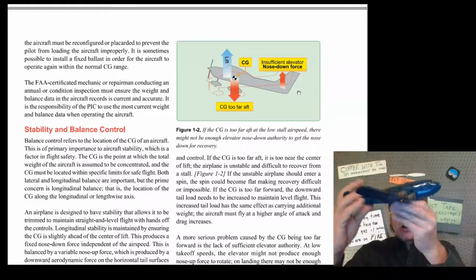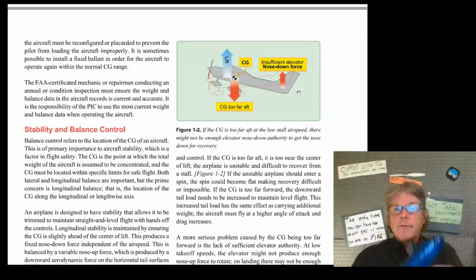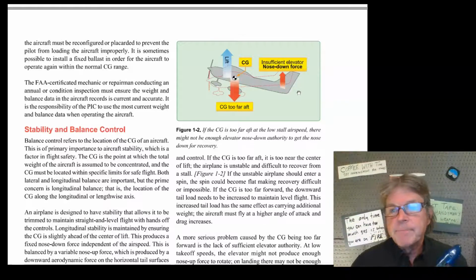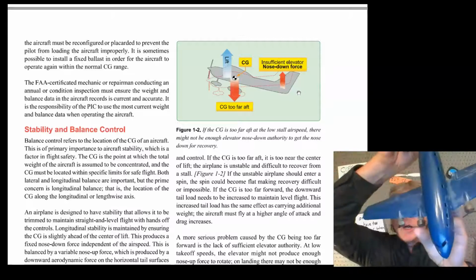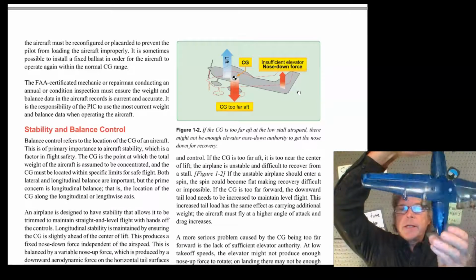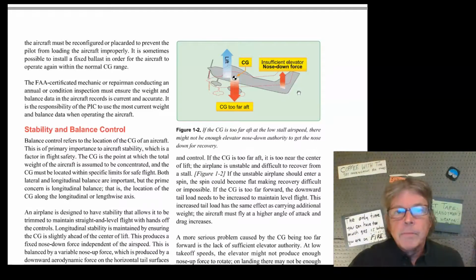A stall is where the airplane stalls, and it's not hardly flyable, and it falls to the ground pretty fast. If we have enough altitude, we can recover. Sometimes a stall will put us into a spin, and that is a very deadly maneuver. So we do not like aft CGs, especially if they're too far aft.